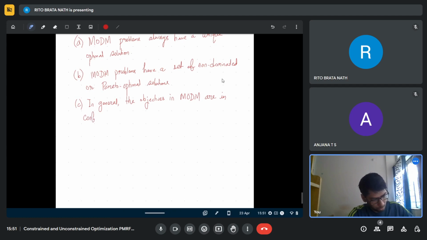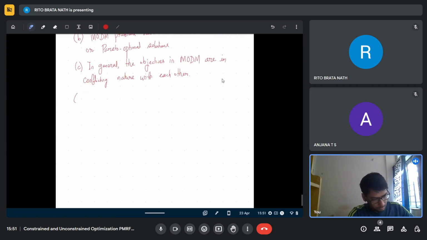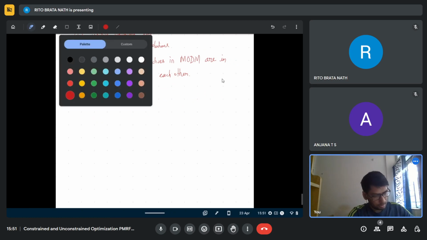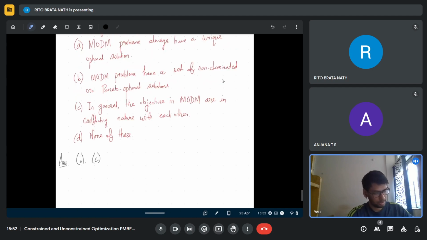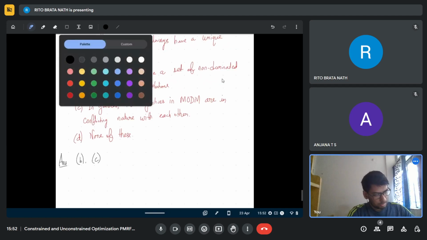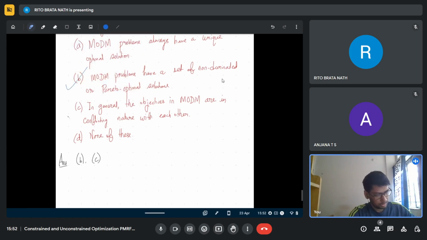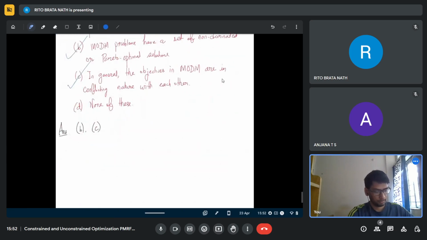So this is also true. Option D is none of this. So for this one, options B and C will be the correct ones, and this is kind of self-explanatory, so I'm not going into the details of it. I think everyone has got this correct anyway.